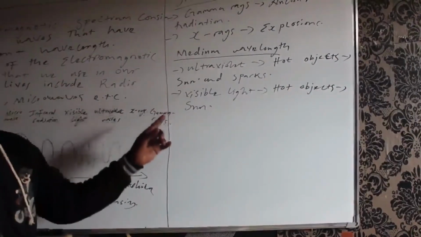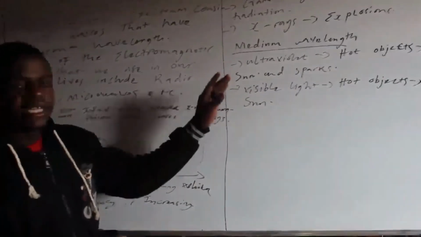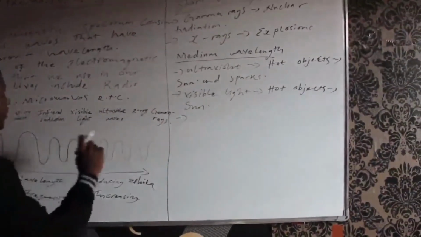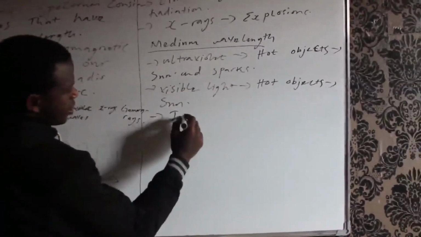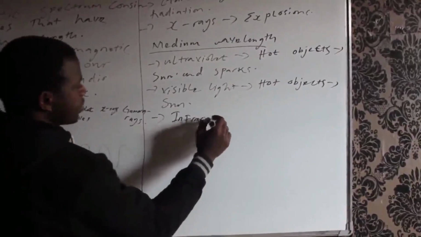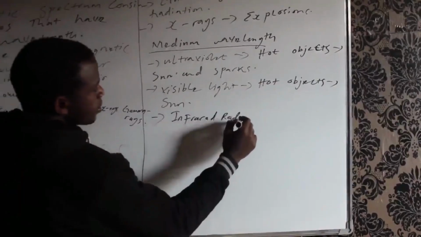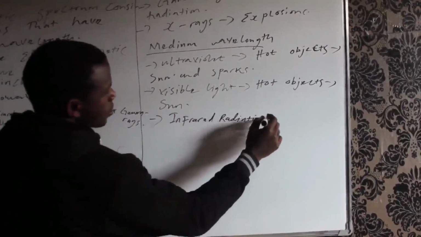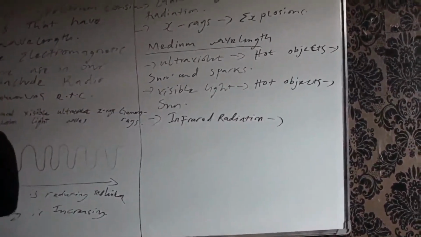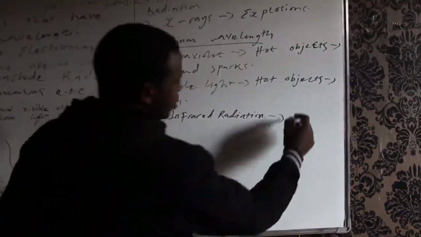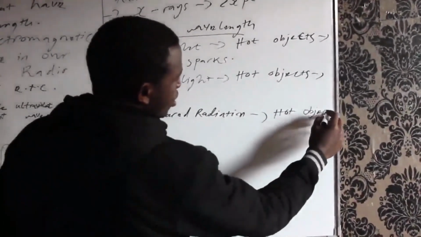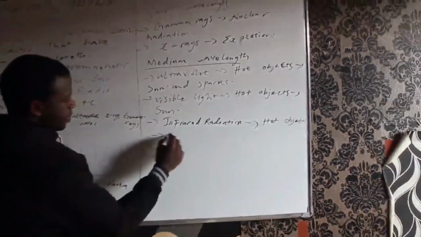Then the other electromagnetic wave that has a medium wavelength is the infrared radiation. And the source of the infrared radiation is hot objects, one of them being the sun.